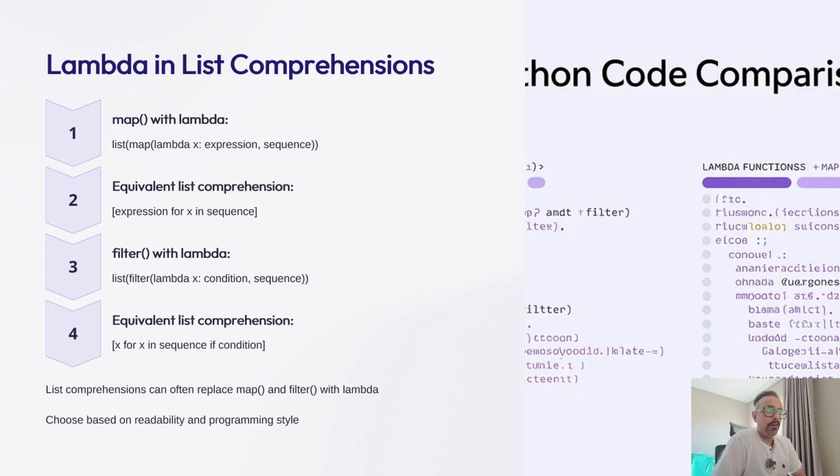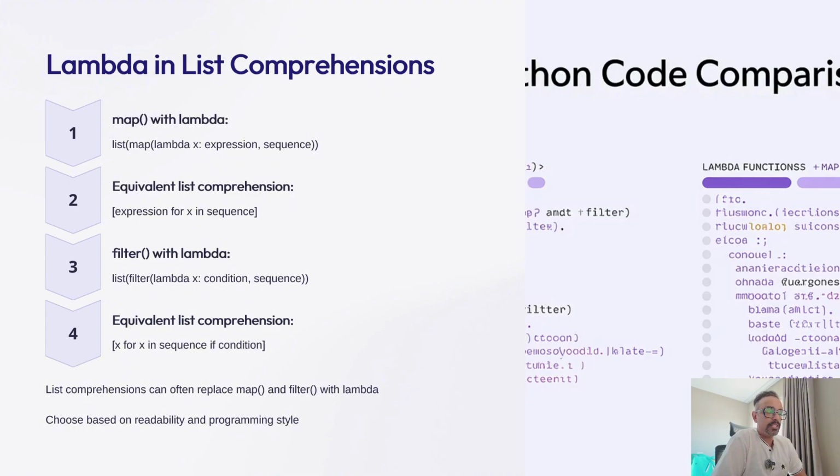The mapping aspect of list comprehension is expressed in the output expression, while the filtering aspect is expressed in an optional if clause. If you are working in a functional style with other operators like reduce, using lambda with map and filter might be more consistent. If you prefer a more Pythonic approach, list comprehensions are generally favored compared to this combination of sorted and lambda function that we were using over here.